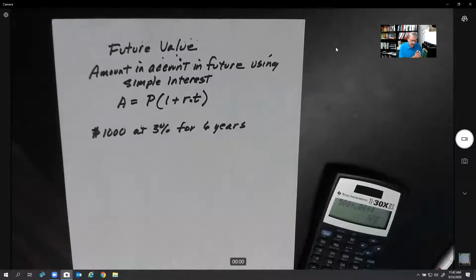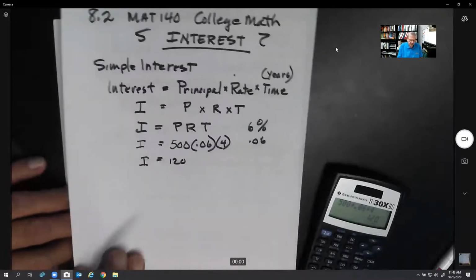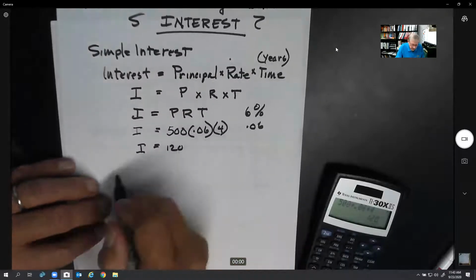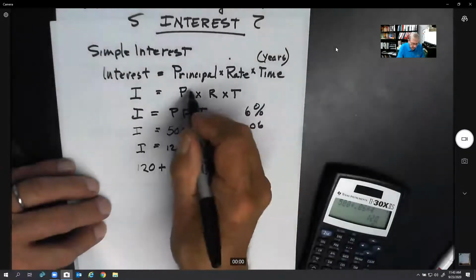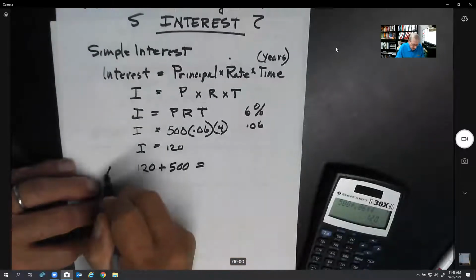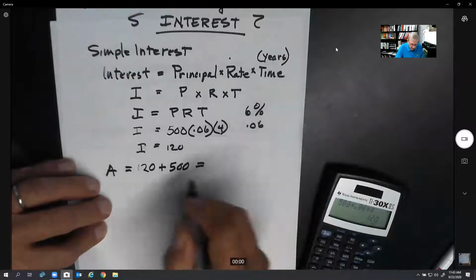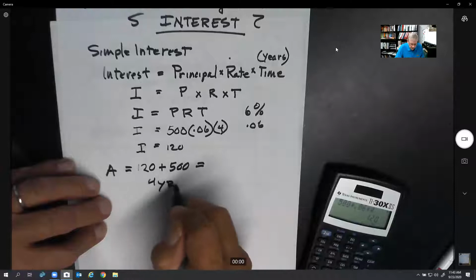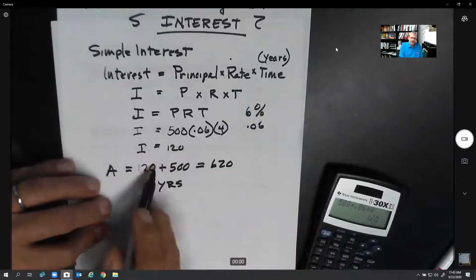With the first method, we calculated the interest, which was 120, then added it to the principal, which was 500, to find the amount in the account after 4 years: $620.